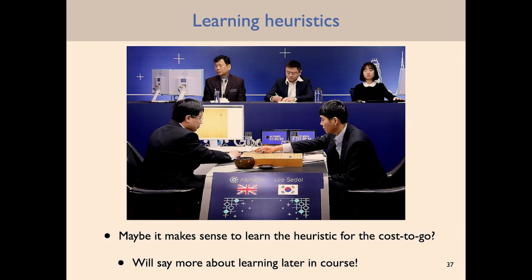So to truncate how much you need to search, they were using a learned heuristic. The way it maps to our setting is that instead of using a manually specified h of x, you learn that h of x from lots of previously solved planning problems.